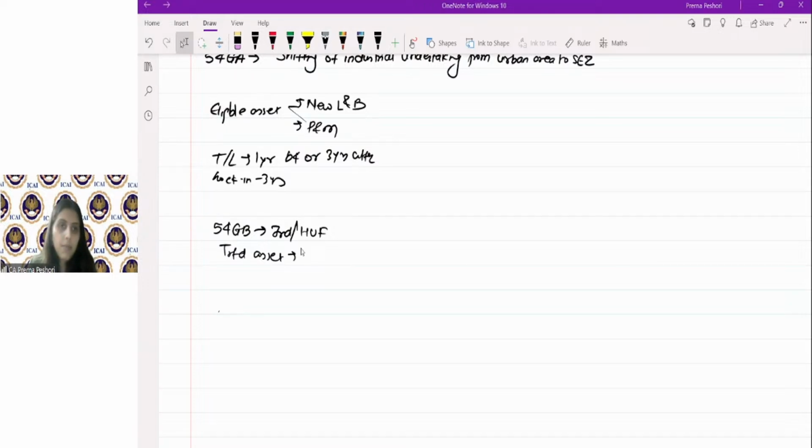Residential house property. And what is the eligible asset? The eligible asset in this particular case is equity shares of the eligible startup.